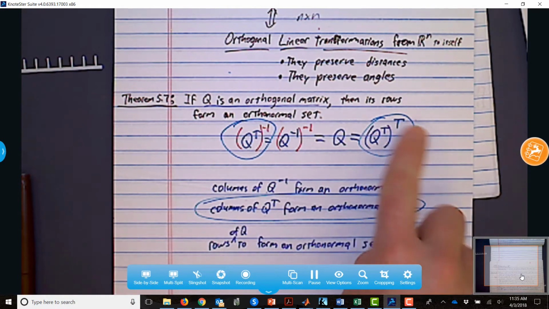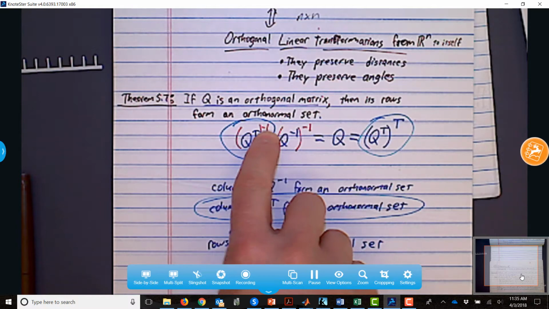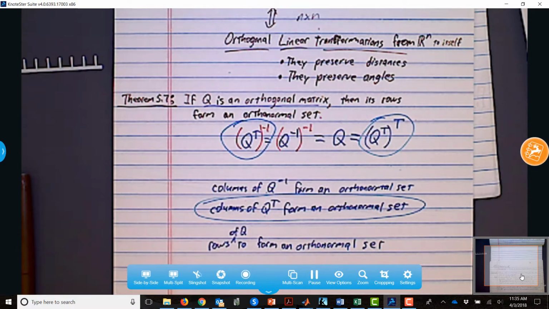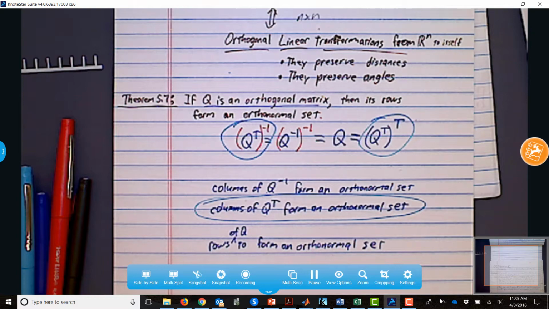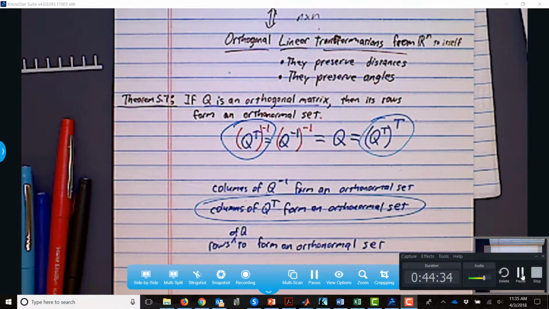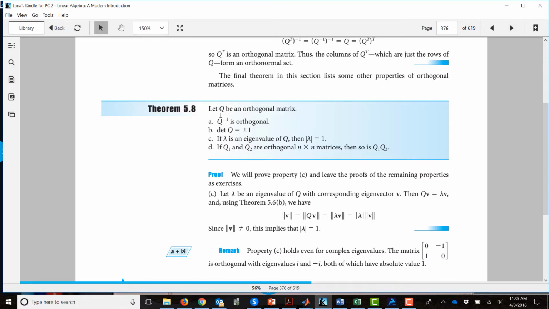If the transpose is the same as the inverse, that's how you identify an orthogonal matrix. Does this help? We basically just proved part A. We proved that Q inverse is orthogonal because we just proved that Q transpose is orthogonal.